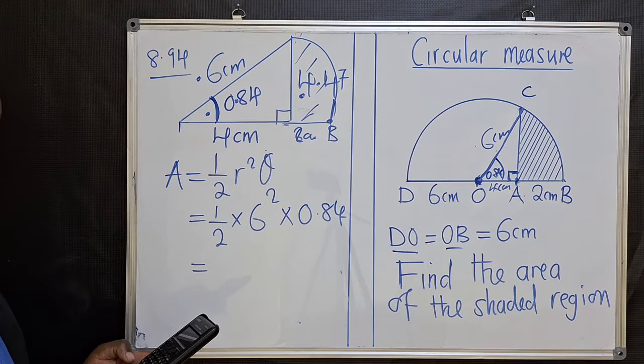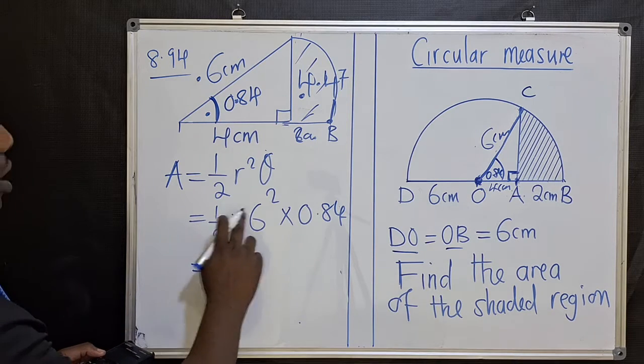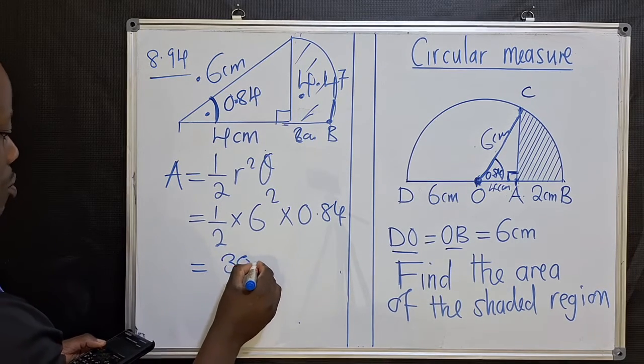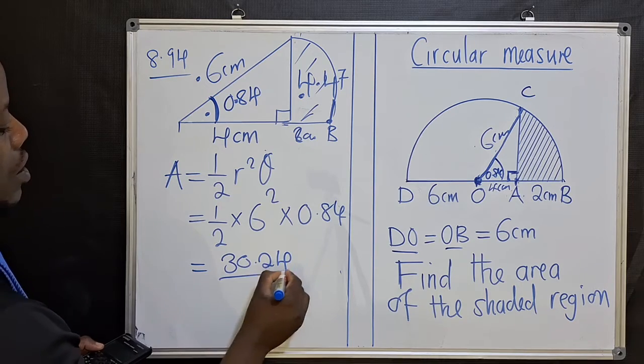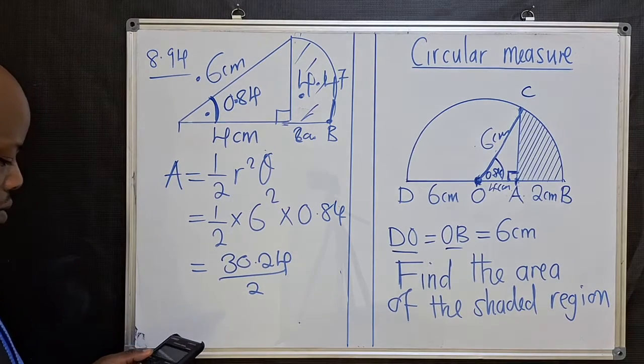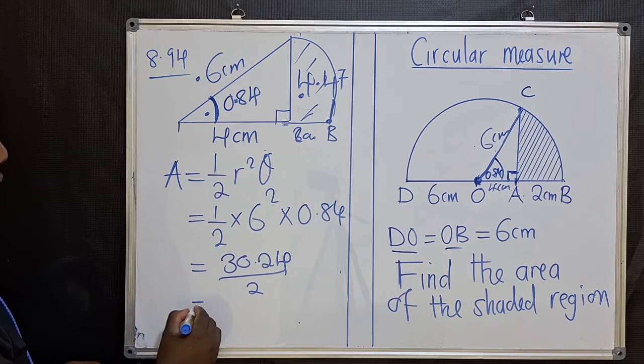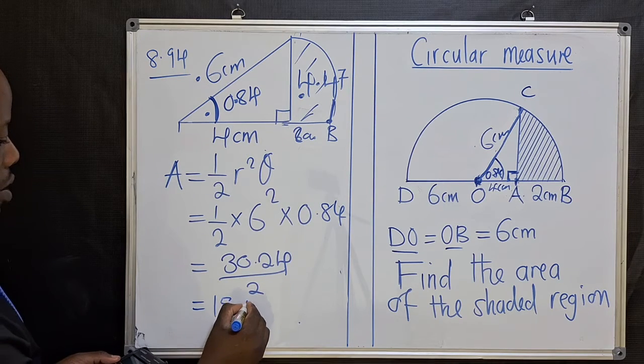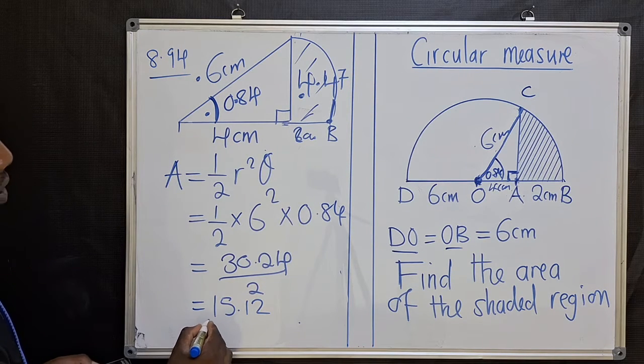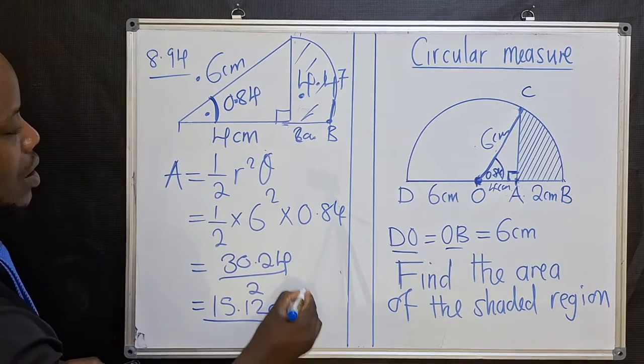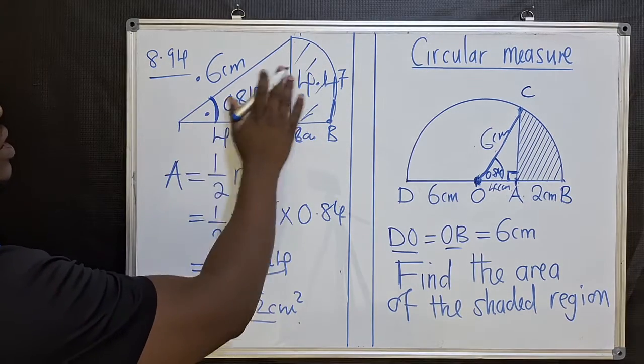When I multiply everything on top, I'm getting 30.24. Divide by 2, my answer comes out to be 15.12 centimeters squared. This is for the entire sector.